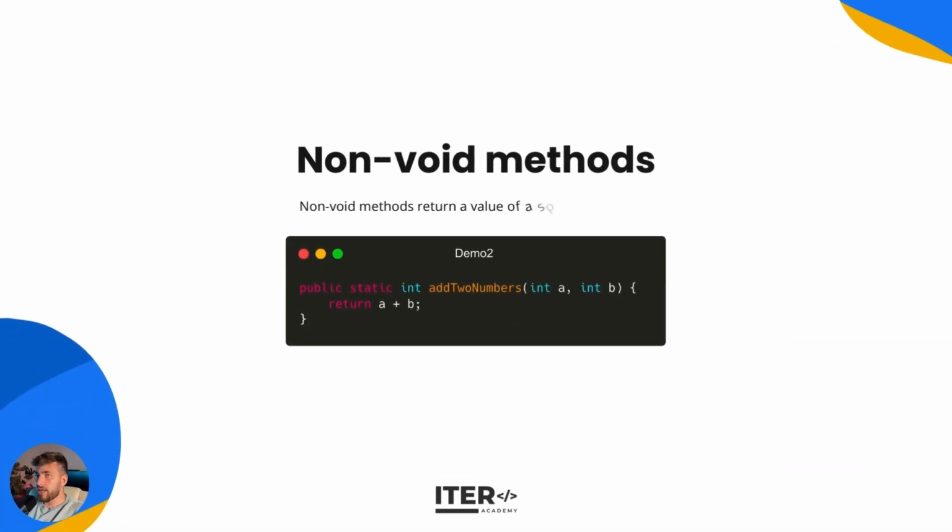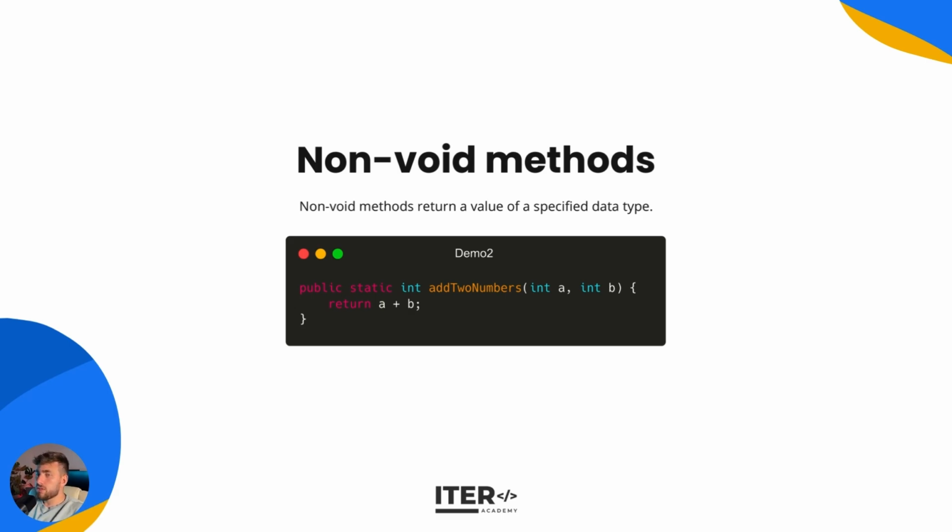On the other hand, we have non-void methods, which are methods that return a value of a specified data type. For example, consider the following code from demo 2. In this example, we have defined a non-void method named addTwoNumbers that takes two parameters, a and b, of data type int, and returns their sum, which is also an int.